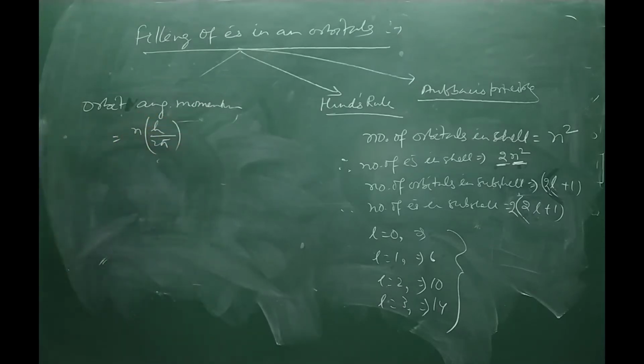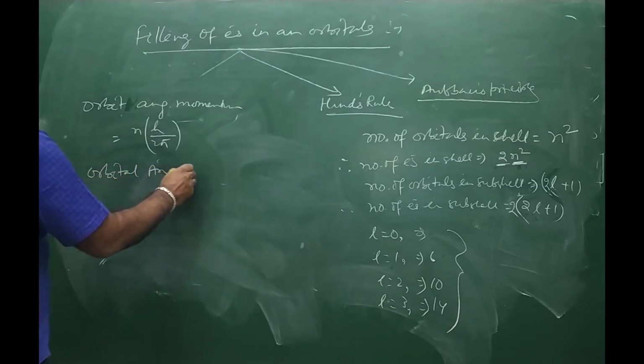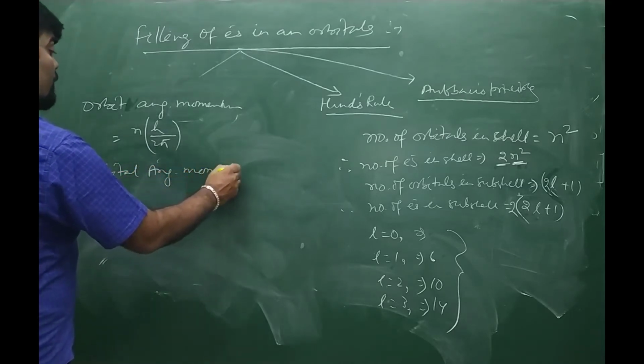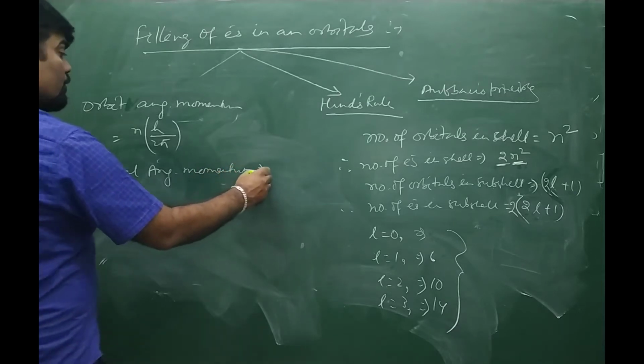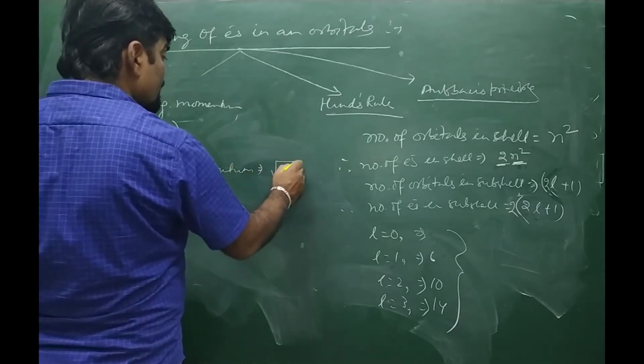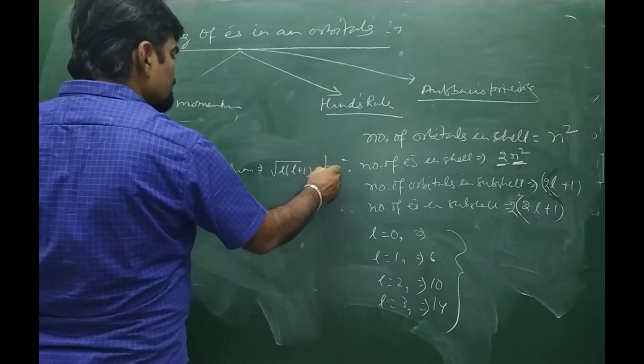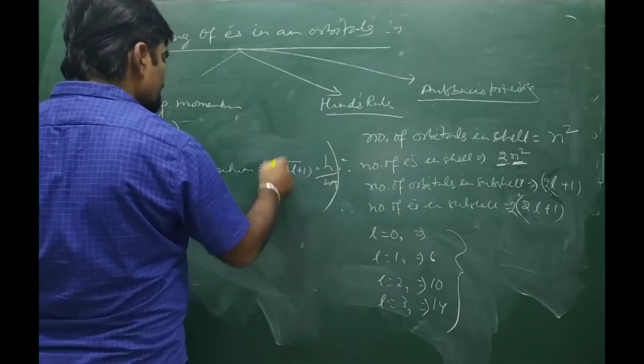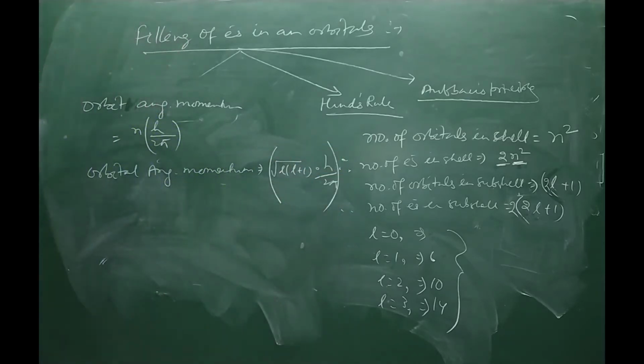Now, if you want to calculate orbital angular momentum, it is equal to root over L into (L plus 1) into h by 2 pi. This is the orbital angular momentum.